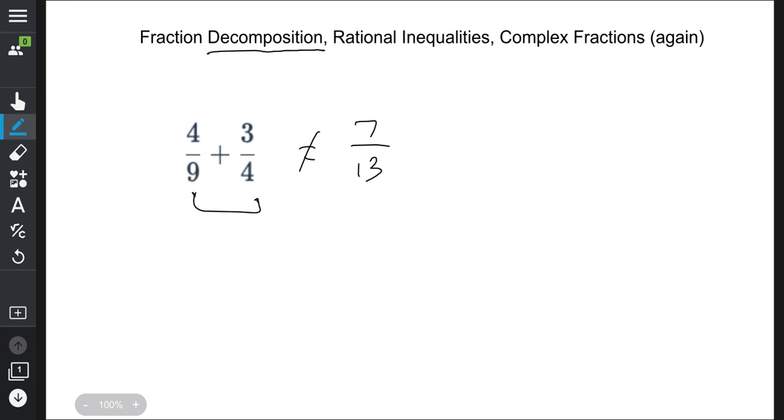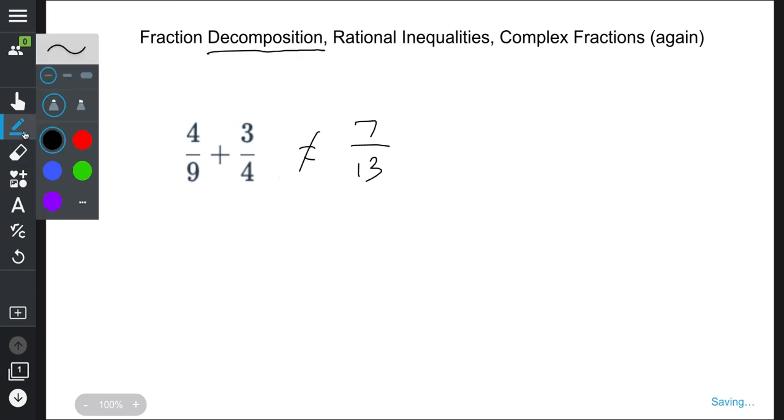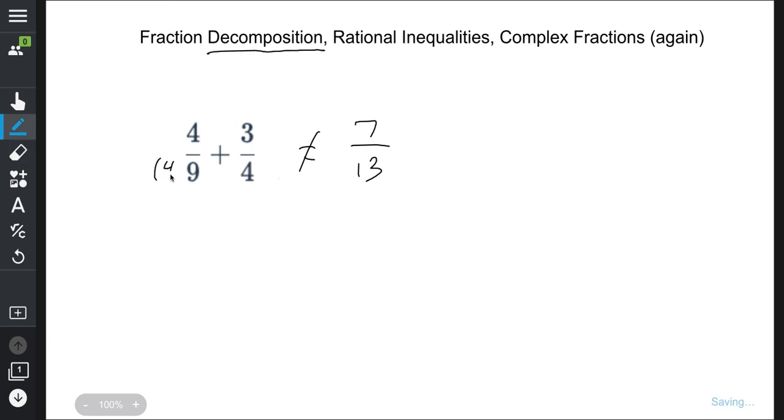Well, in this case, 9 and 4 do not share any common factors. So the only thing you can do is multiply each of the denominators by the other one. But we do the same in the numerator as well, so that we're only multiplying by 1 and not changing the problem.